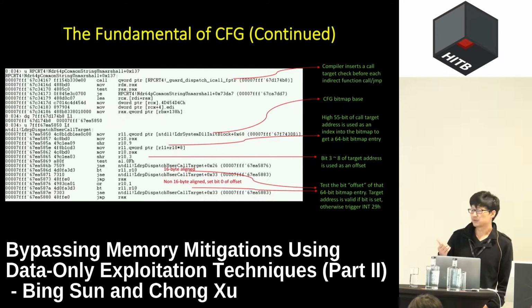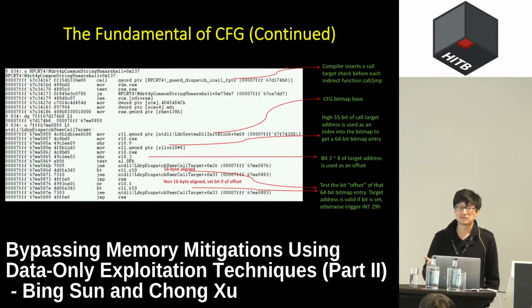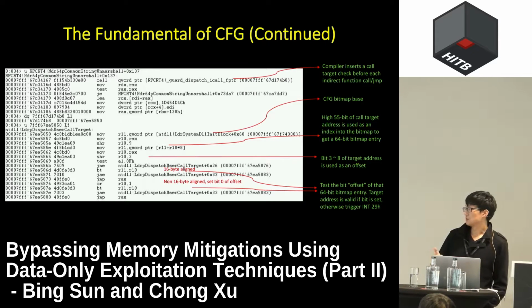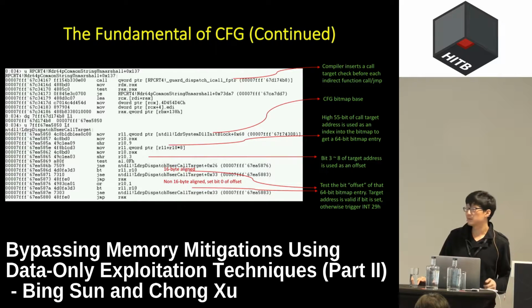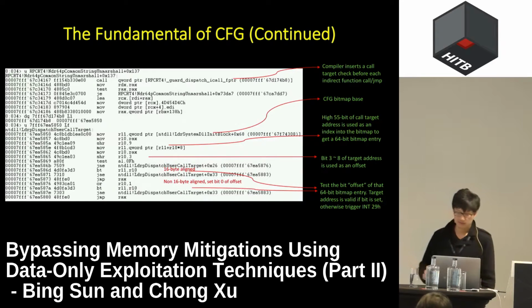If that particular bit is set, the target address is valid, so in the end it jumps to the target address, as you can see, jmp rax. Otherwise, if that bit is not set, the target address is invalid, so it triggers an exception.